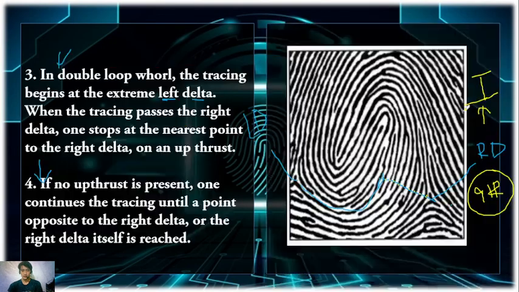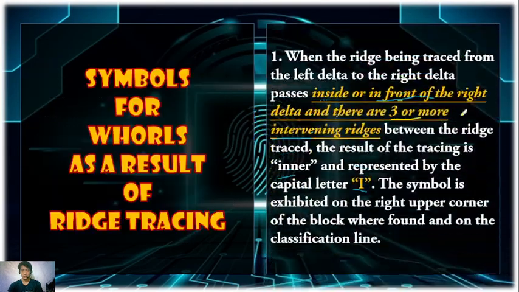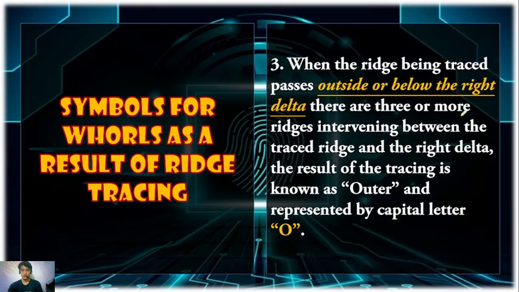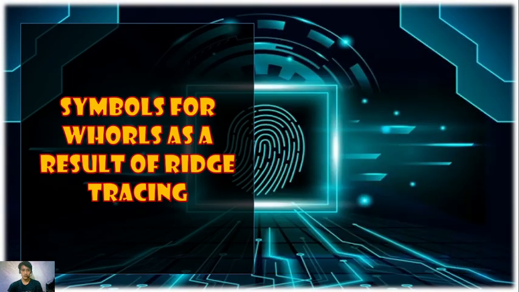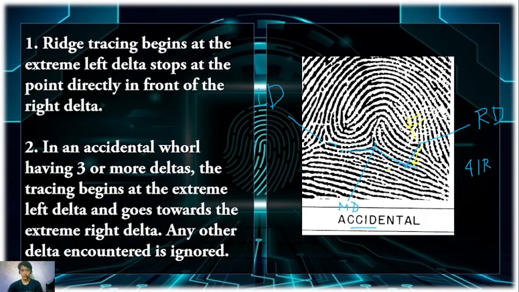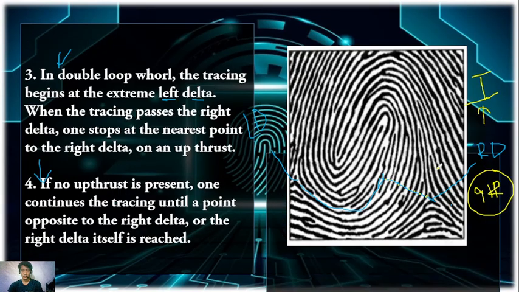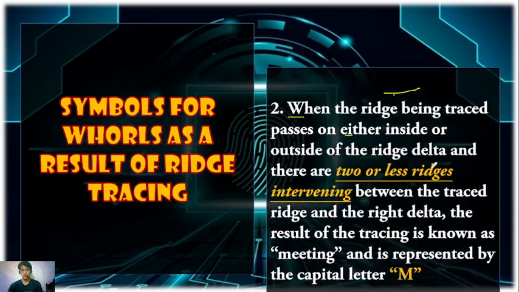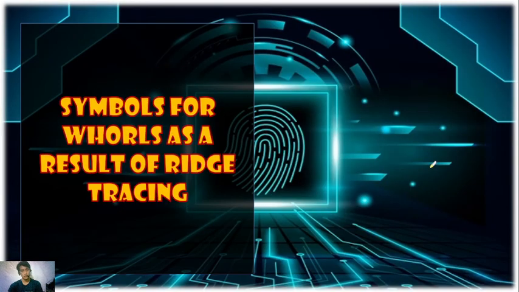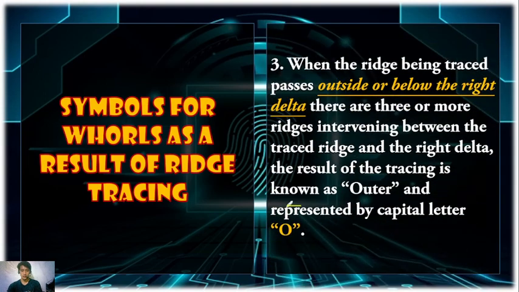So same as to the other pattern a while ago. Ano naman yung pattern natin kanina? Ano yung classification nito? Kasi sabi natin 4 intervening ridges siya pero nasa baba, or outside the ridge of the right delta. So anong classification niya? Hindi inner whorl or meeting whorl kasi lagpas ng 3, but it should be called outer whorl.